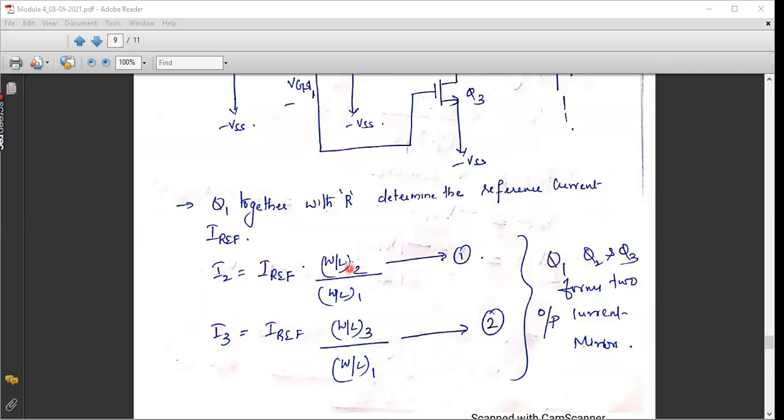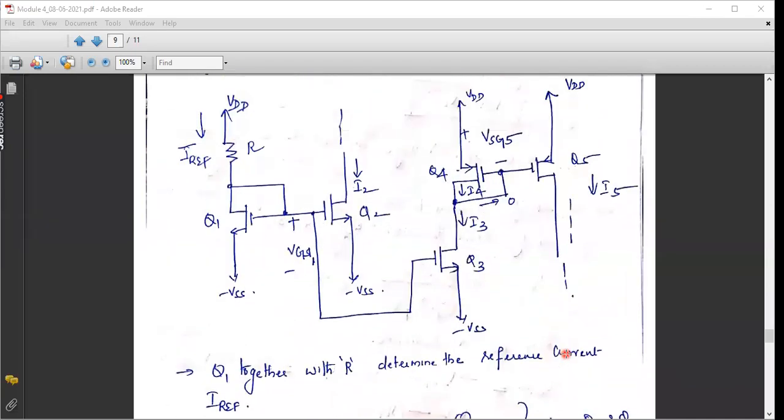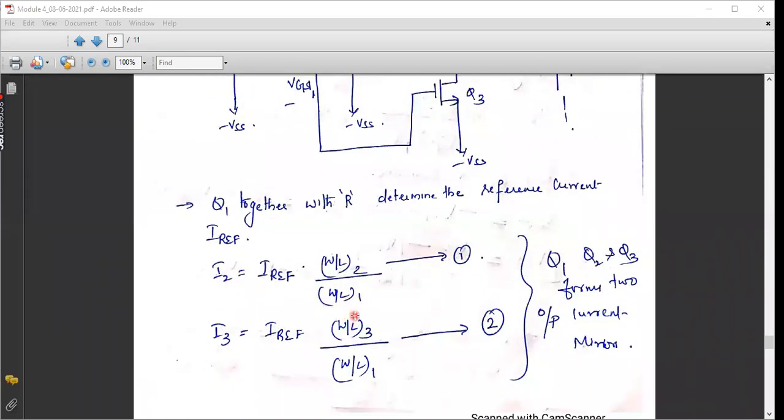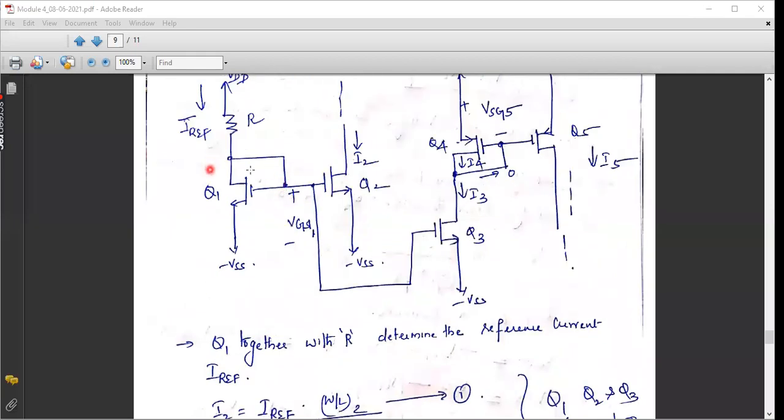But please see that if the two transistors are identical, their aspect ratios will be the same. In that case, the output current will be equal to the reference current. Then it is called a perfect current mirror circuit. Otherwise, if they are mismatched, then we will get an output current that is a particular ratio or fraction of the reference current, maybe 1/2, 1/3, 3/4, like that. That depends upon the aspect ratio of the reference transistor and the output transistor.